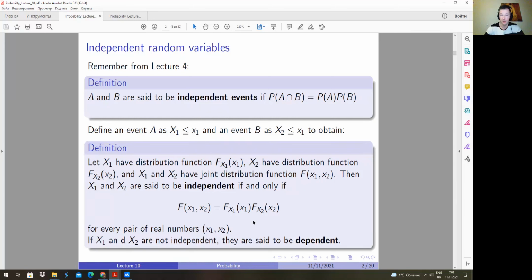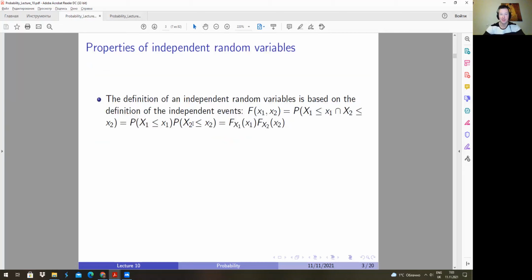If they are not independent, then we call them dependent, obviously. So, well, this is just a way how we can transform the idea of independent events into the language of independent random variables.